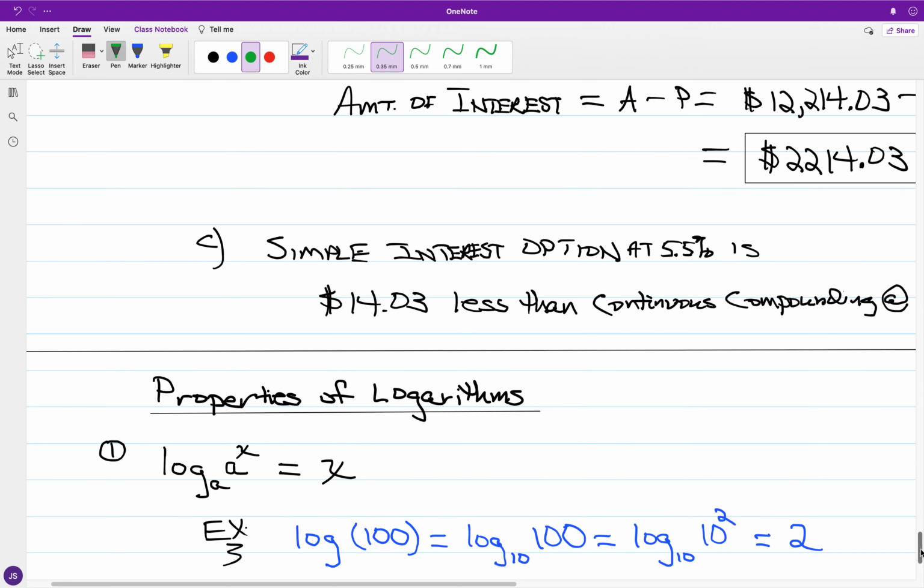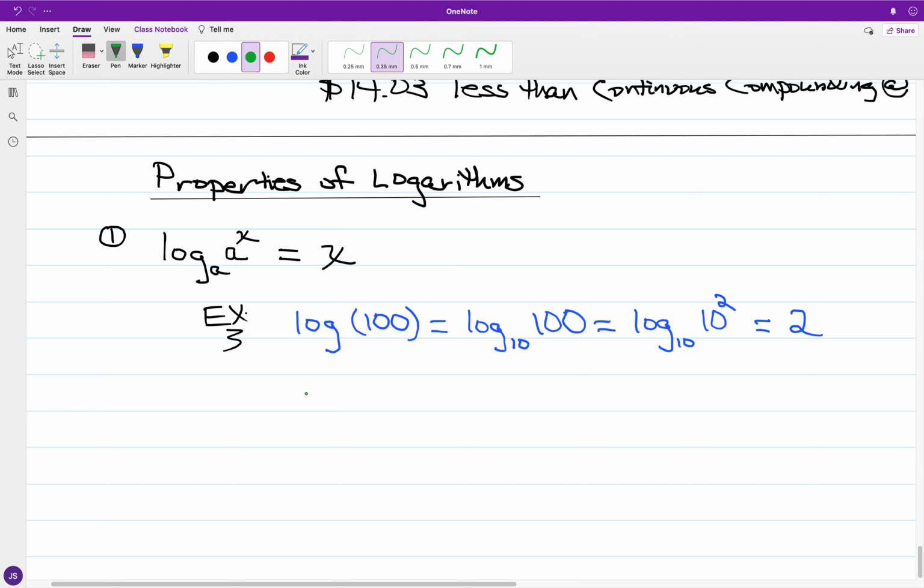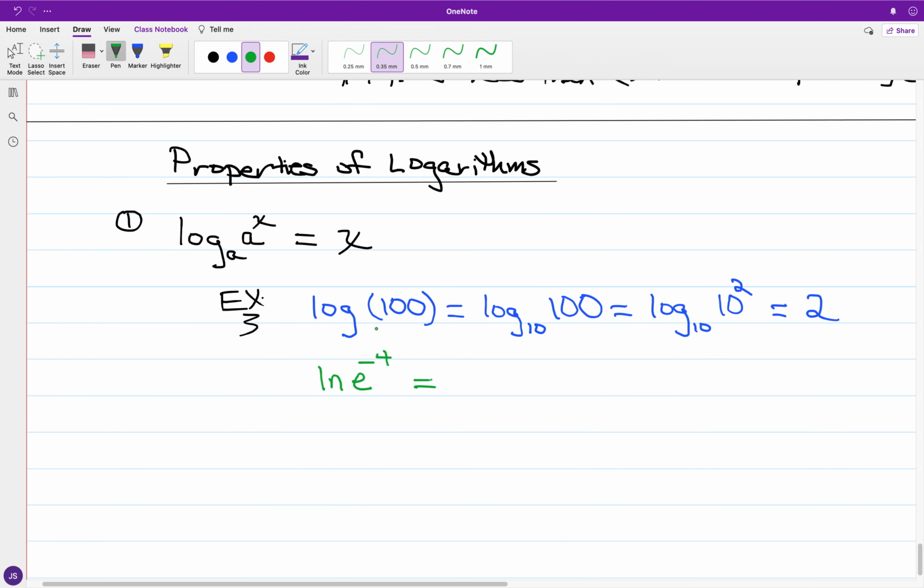Also, with our other feature in many a scientific calculator, if I have something like ln, again, ln is in reference to a natural logarithm. And let's say I have something like the natural logarithm of e to the negative 4. Now, log by itself translates to a base 10 logarithm, whereas in the case of ln, this is a base e logarithm.